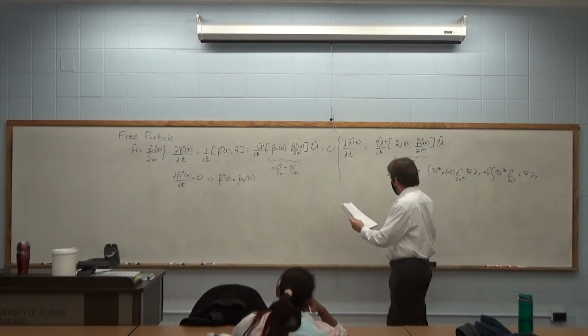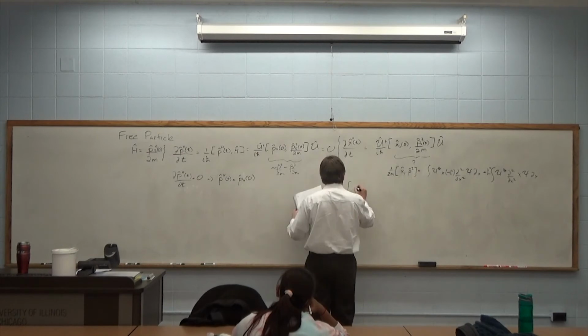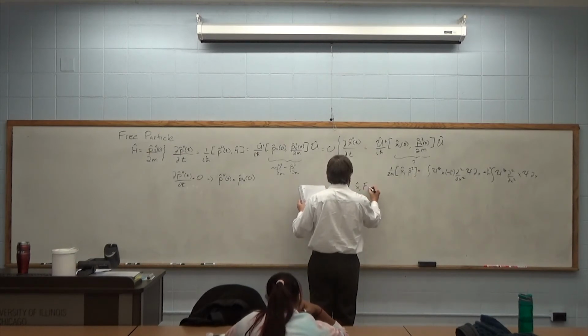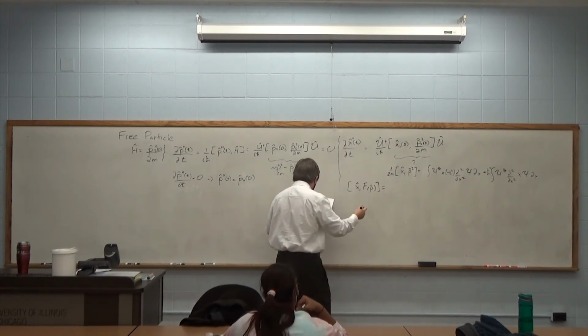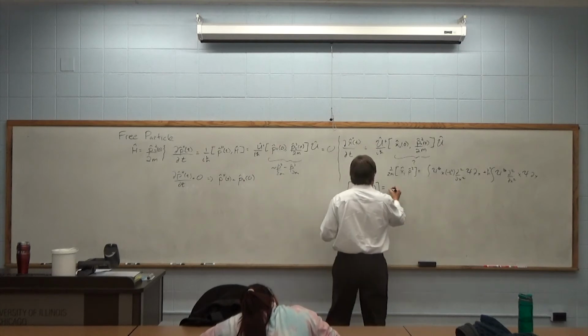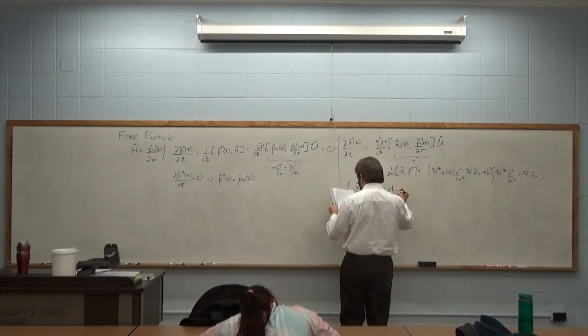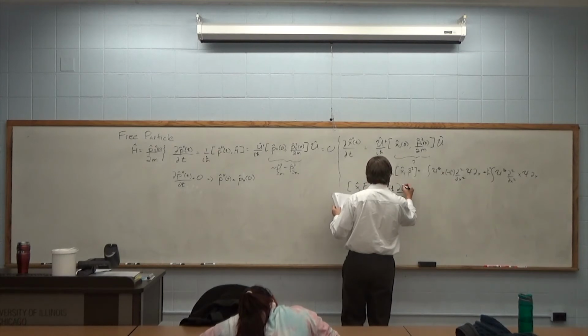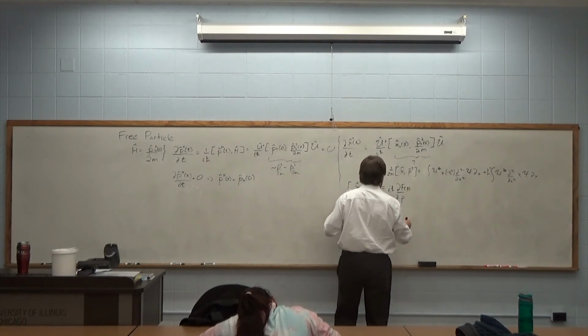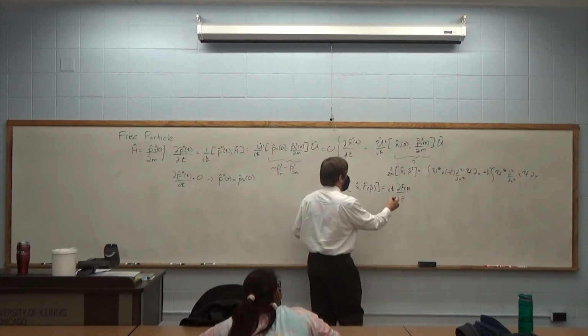Let me go ahead and tell you something, because it comes up all the time. Assuming I'm in the Schrodinger frame, if you have a commutator of x and a function of p, it's relatively straightforward. It's i h bar times the derivative of that function of p with respect to p.